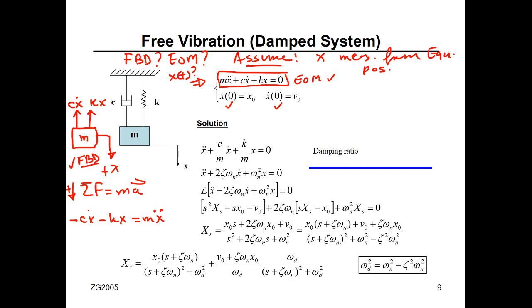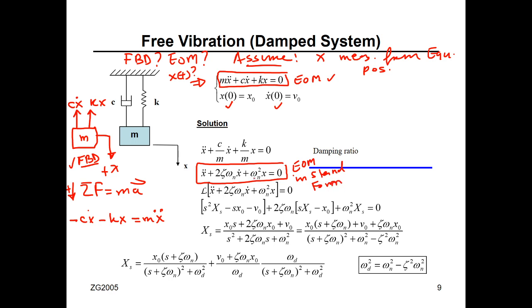Now what I'm going to do here, one more thing. I will divide the whole equation of motion by m. Why am I doing this? To write the equation of motion in the standard form. When we divide by m, we get the same equation of motion, but in standard form.